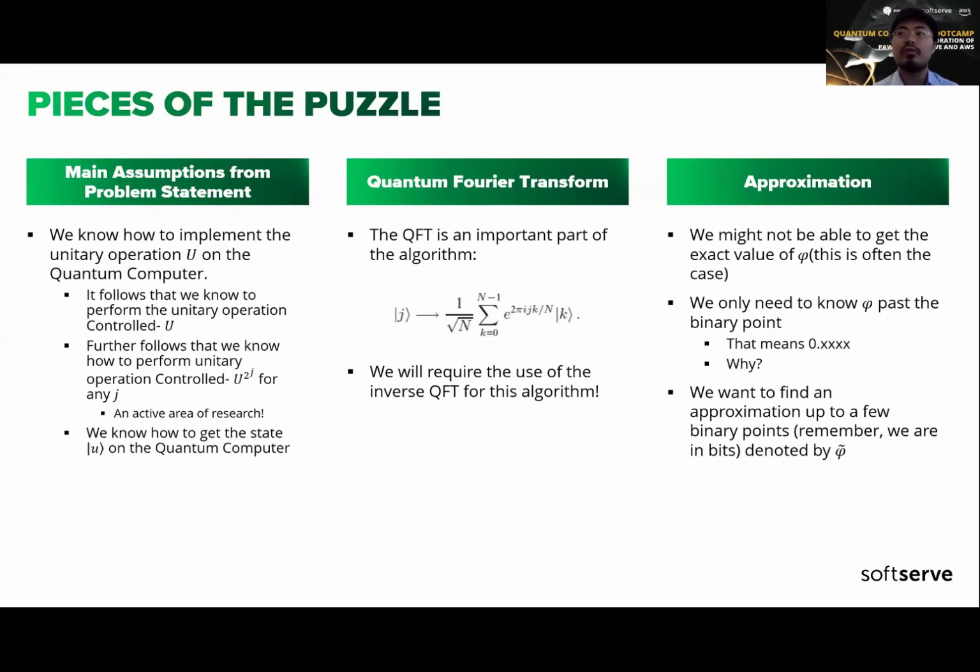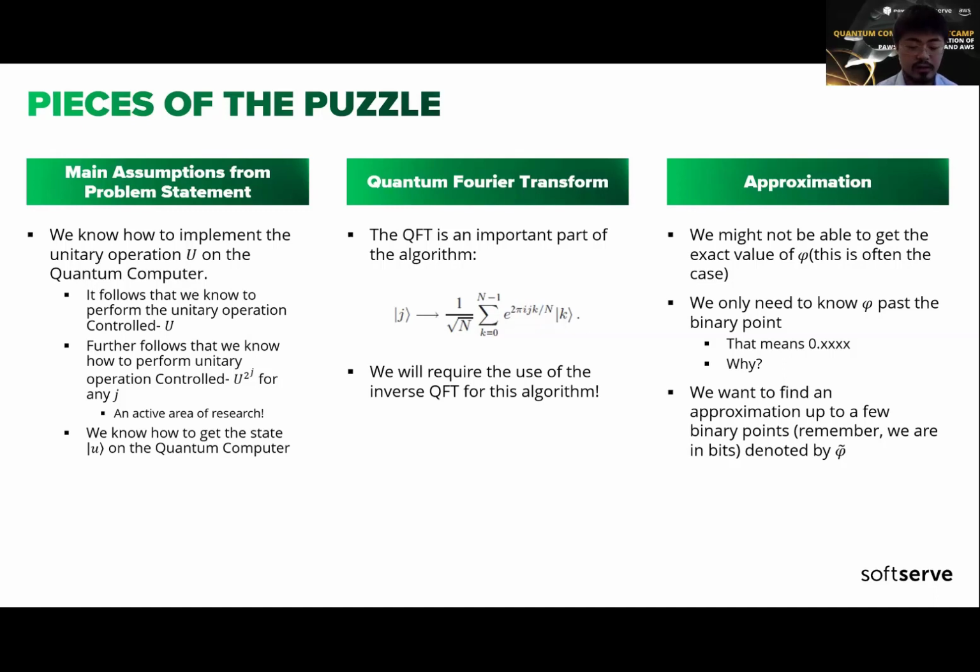Even if you have a unitary matrix, but you have no clue how to implement it on the quantum computer, you are in trouble. The good thing is that normally if you know the unitary matrix, you will know how to figure out how to implement it on the quantum computer.